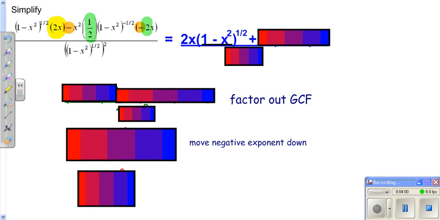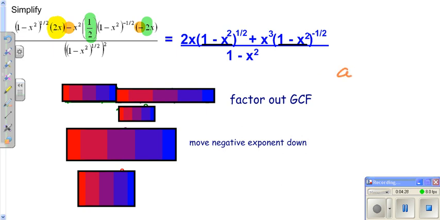We also have an x here at the end times your x squared, which is an x cubed. We didn't do anything with this part here, so we'll just leave that. On the bottom, you have an exponent raised to an exponent, so you're going to want to multiply your exponents. Your 2 times your 1/2, they cancel each other out, so it really just leaves you your denominator like this.